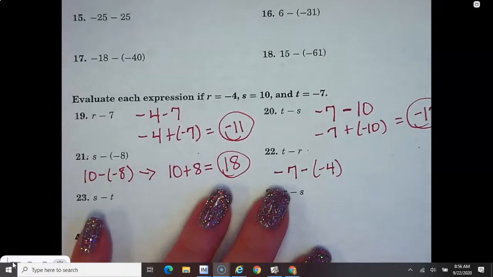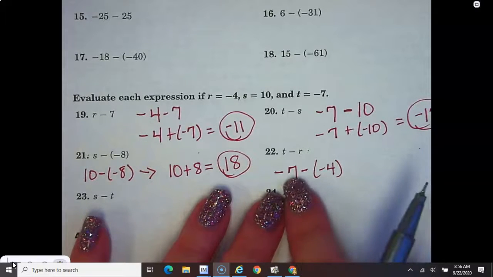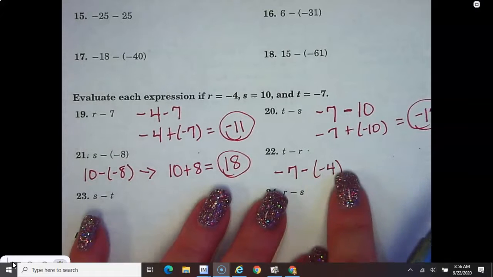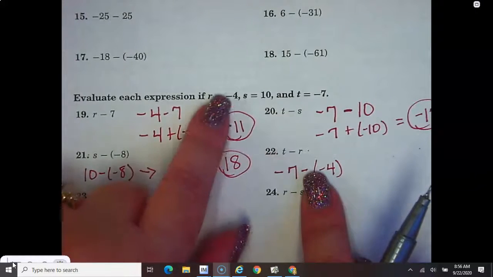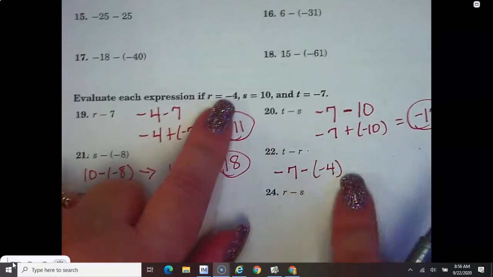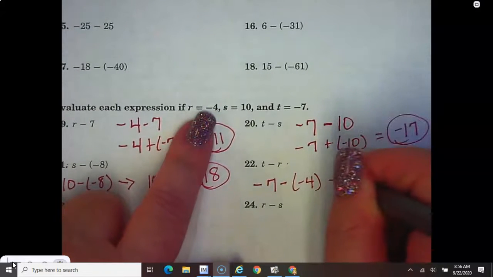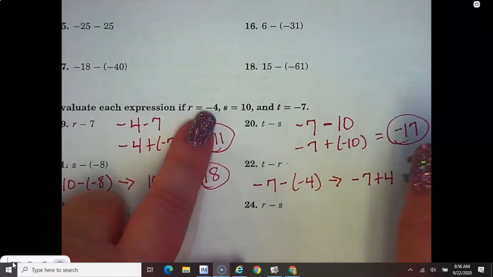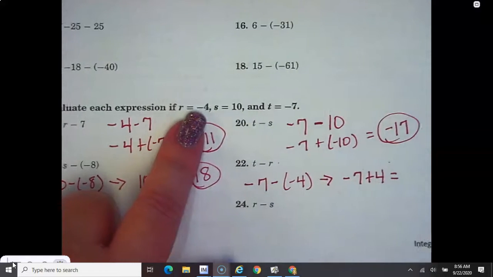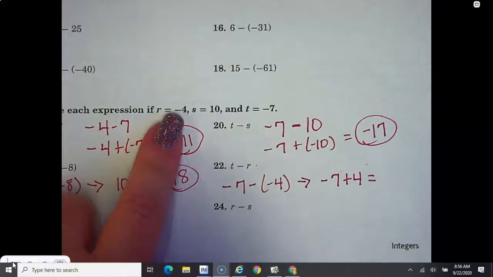Somebody that I haven't heard from yet today. How did I rewrite that? Should have been negative 7 minus negative 4. Lots of people forget you have the minus there, and then the r is a negative 4. So how do we rewrite that? It becomes negative 7 plus 4. And what is the answer? Negative 3.